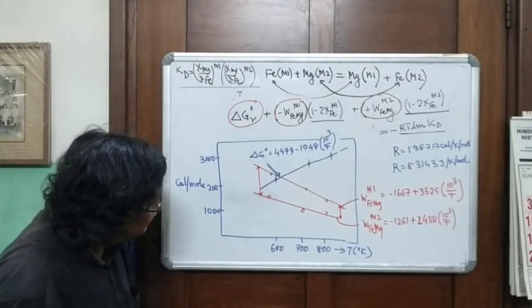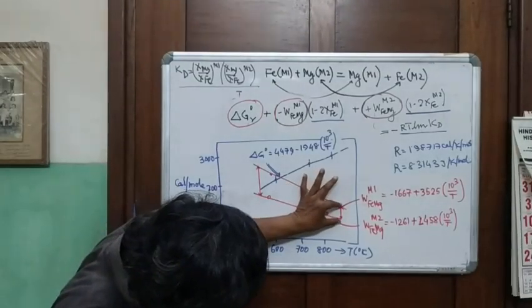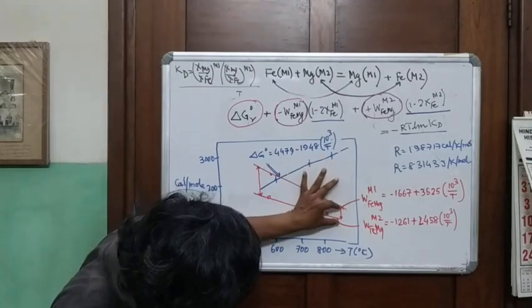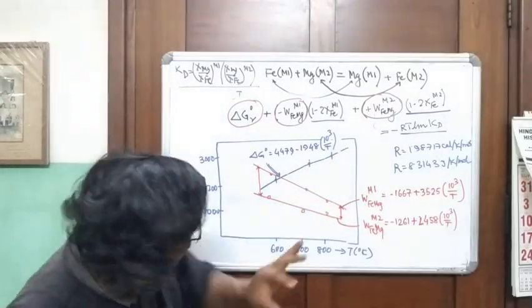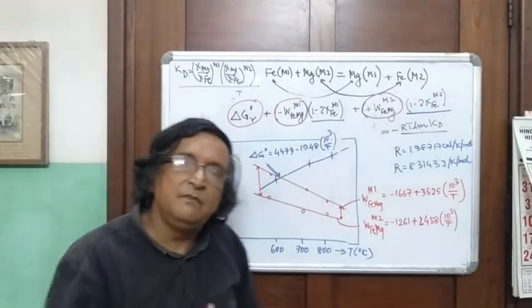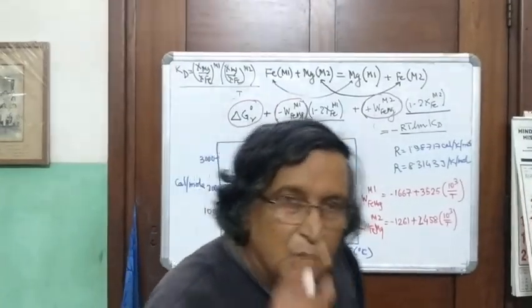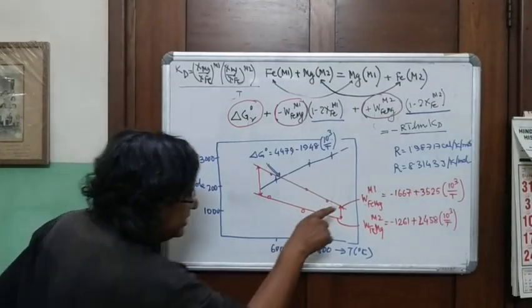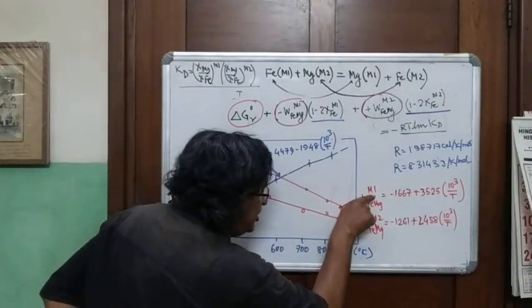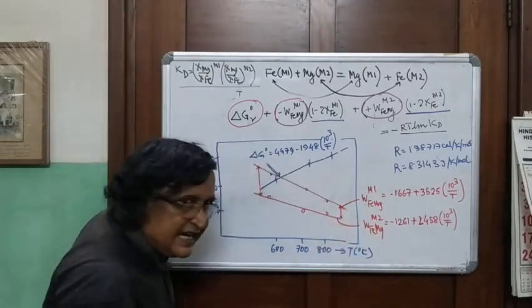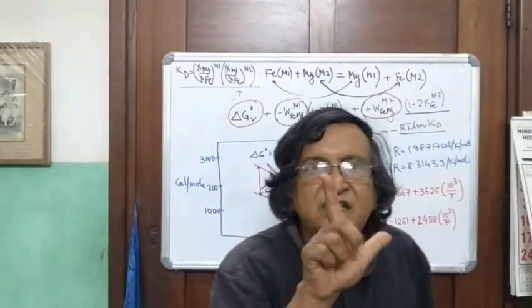Now you see, this difference between WFEMG in M1 site and WFEMG in M2 site is smaller at high temperature compared to low temperature, where it is larger. Means what? Means that the energy to replace iron by magnesium at M1 and iron by magnesium at M2 decreases with increasing temperature.